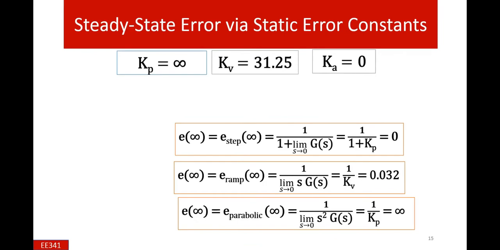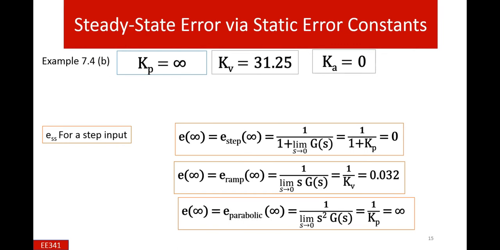By using these constant values, how do we find the steady state errors in the same example? Here Kp is infinite, Kv is constant and Ka is 0. Then the steady state error for this system is first 0.